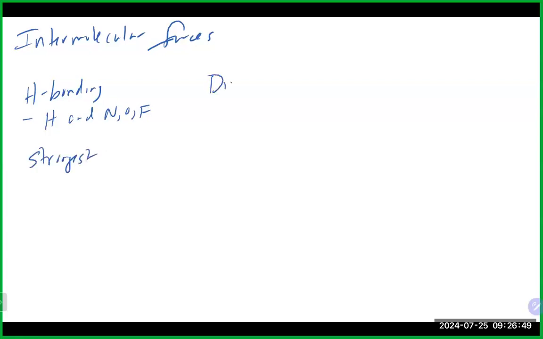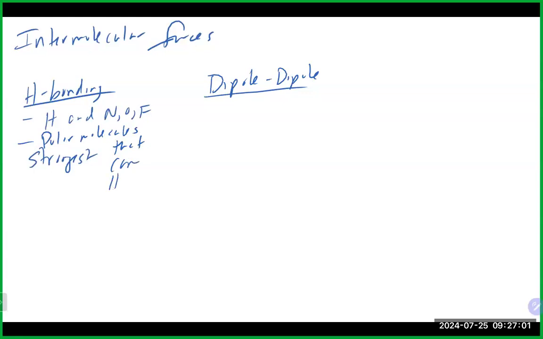Next would be some type of dipole-dipole. And again, hydrogen bonding is for polar molecules that can hydrogen bond. Dipole-dipole is for polar molecules that typically do not hydrogen bond.